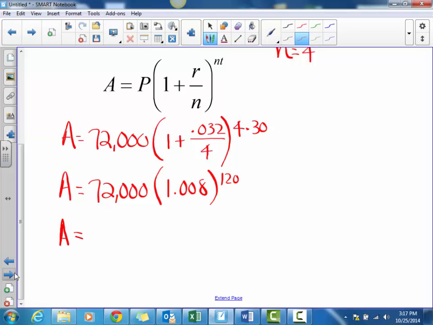So when I calculate that, I determine that the amount I'm going to owe the bank for a 30-year loan is $187,325.26.